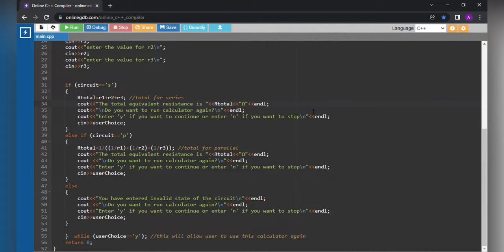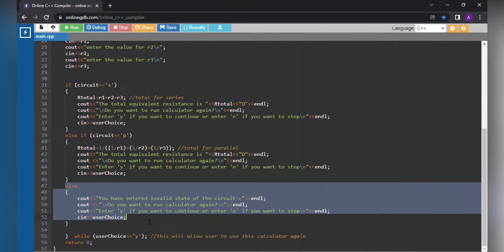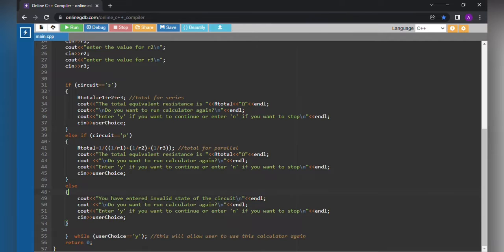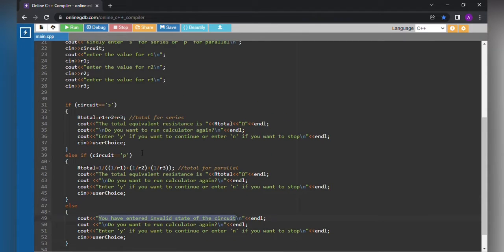Now, what you see here is for when the user does not enter the correct circuit type. The program will display a message saying that you have entered an invalid state of the circuit. The circuit type choice is S and P only.